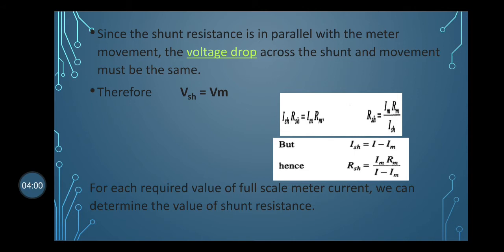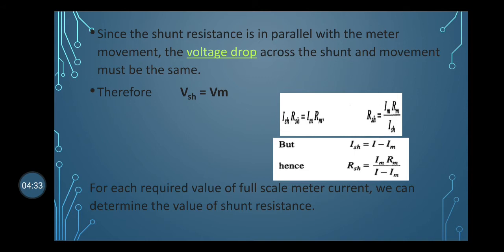Vsh is the voltage drop across the shunt resistance, and Vm is the voltage drop across the meter resistance. Vsh will be equal to Ish into Rsh, and Vm is equal to Im into Rm.